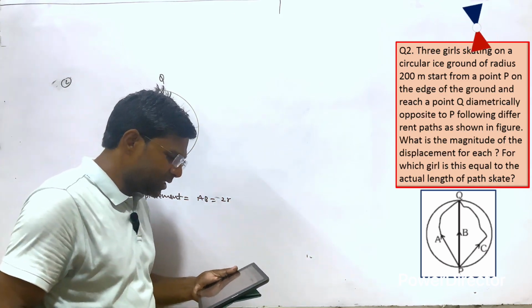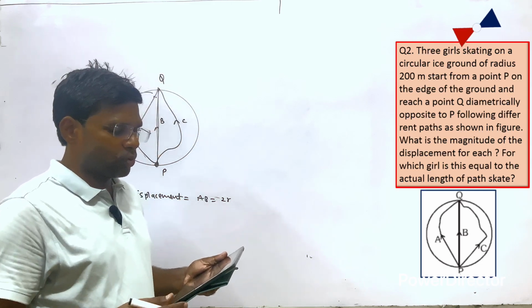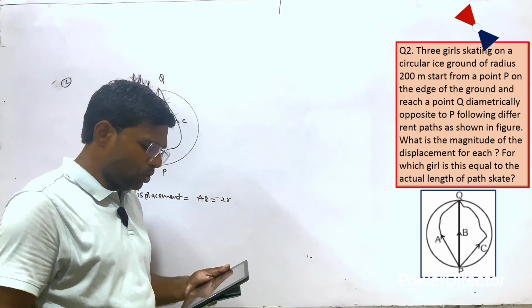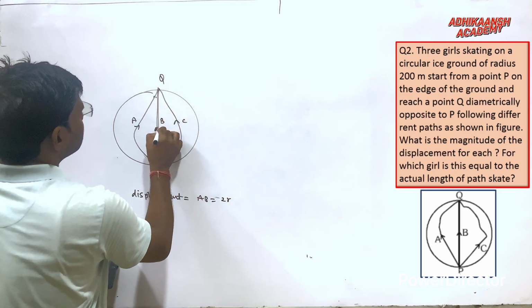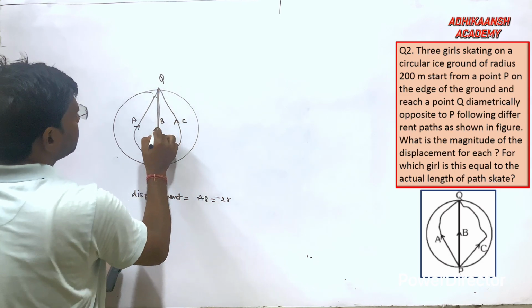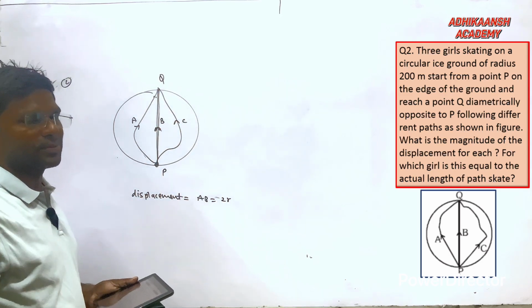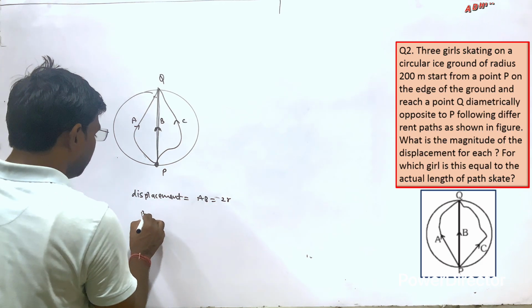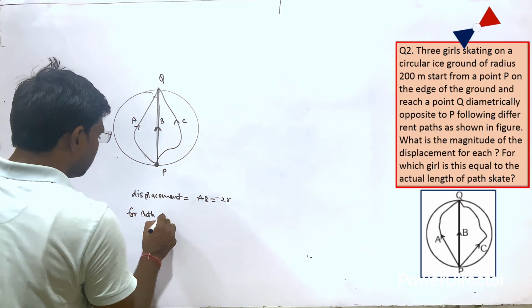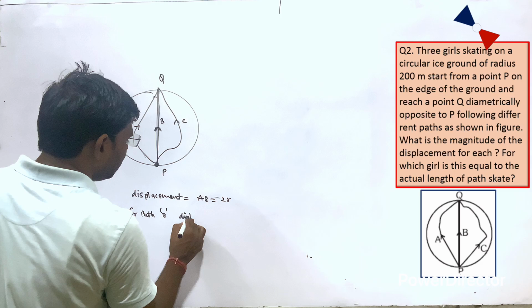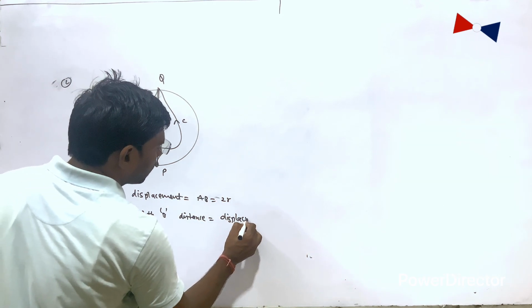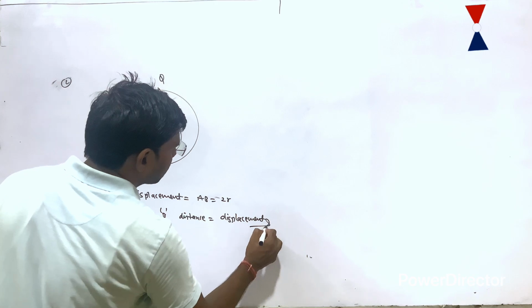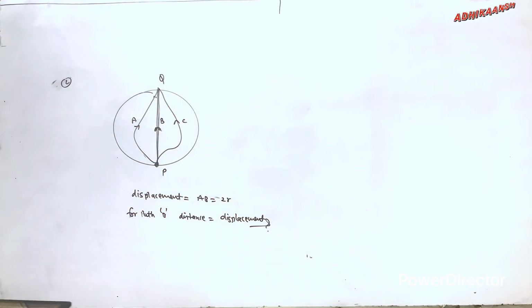And they are also asking for which girl it is actually equal to the length of the path. If you see, this is the path where the distance and the displacement are the same. So for path B, the distance and displacement in magnitude are equal. So this is the answer of this question, right?